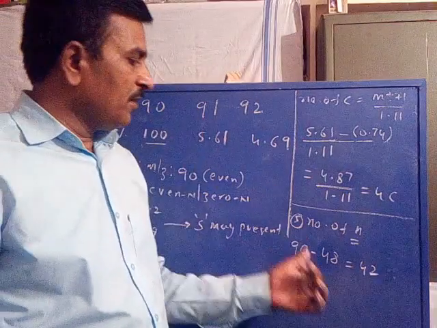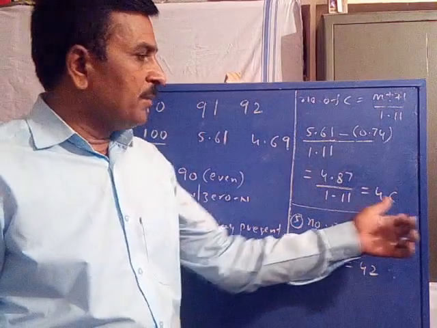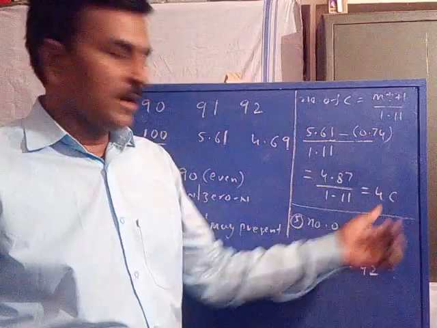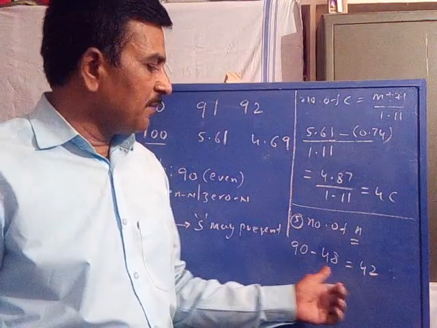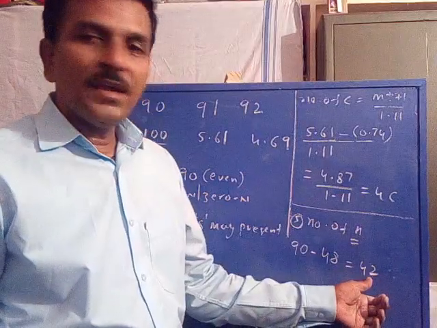The m/z value of the molecular ion is 90. The predicted atoms so far are 4 carbons, whose mass contributes 48. 90 minus 48 gives 42.